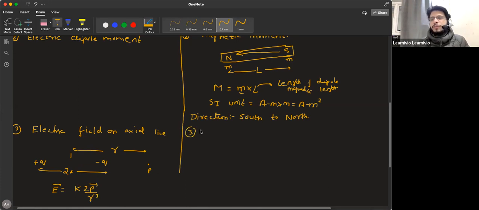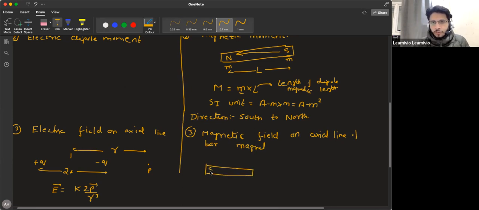When we repeat the same thing for a bar magnet, we call it magnetic field. Magnetic field on the axial line of a bar magnet. If you take a bar magnet, this is the south pole and this is the north pole, and you take a point here.